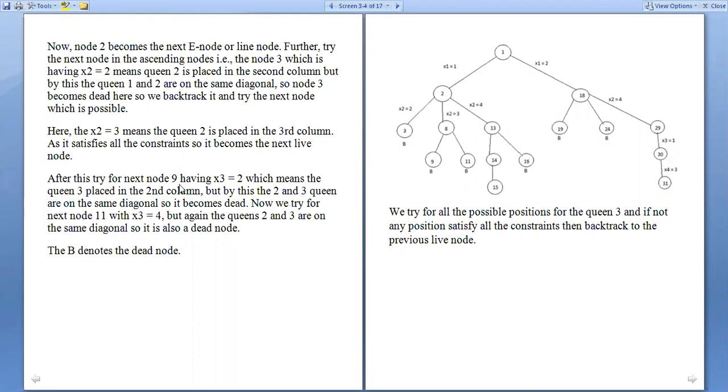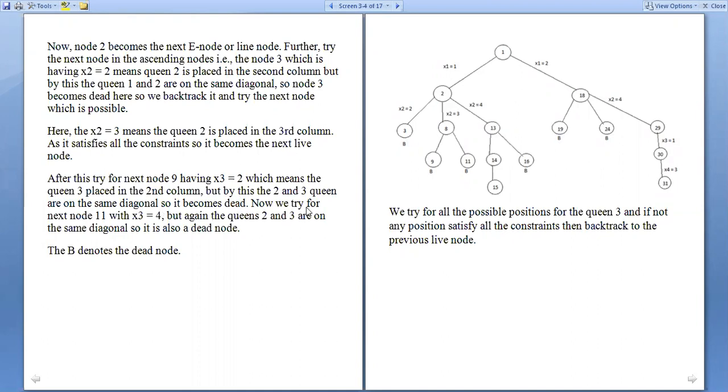But by this line, queens 2 and 3 are on the same diagonal, that is, the second queen and the third queen are on the same diagonal, so it becomes dead.